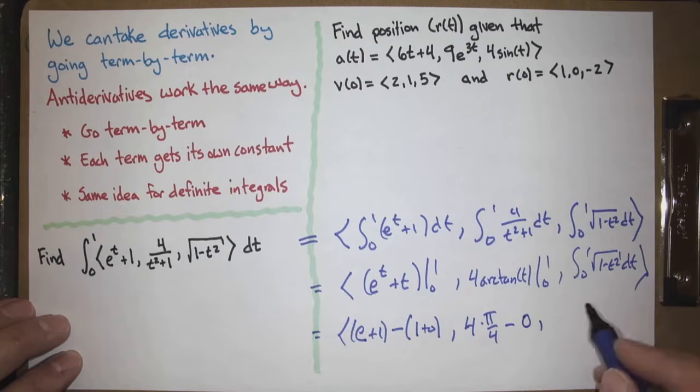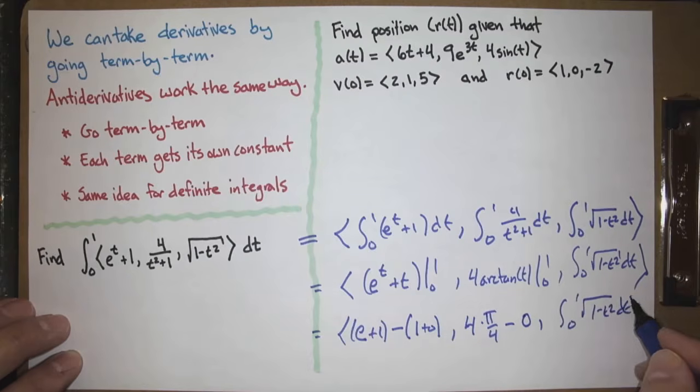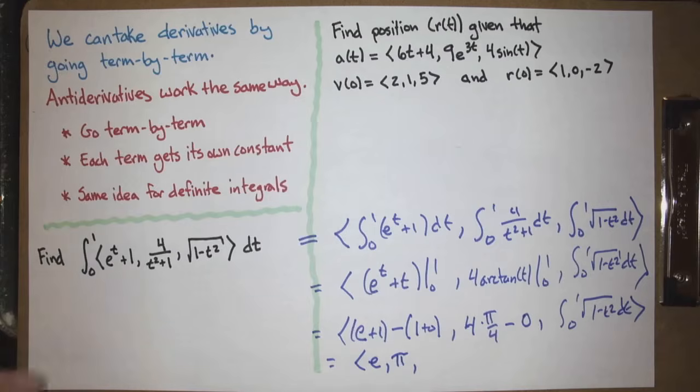0. And then there's this thing, which gives us e in the first slot. It gives us pi in the second slot. But what is that thing? I've been avoiding it, but I shouldn't. I should respect it. Do you recognize it?